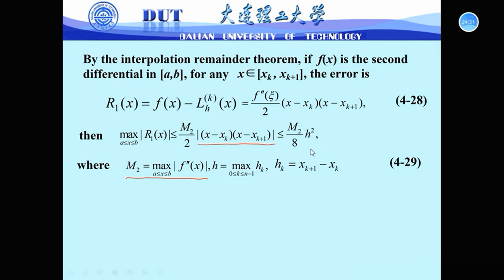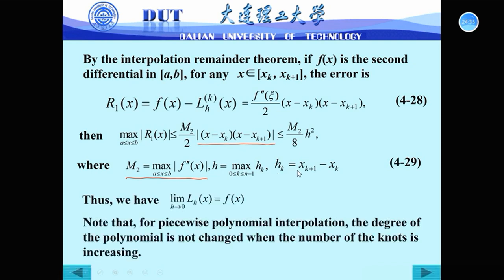And then when we increase the number of nodes, when n goes to infinity, that means the step size h goes to 0. Here xk+1 minus xk is hk, the step size, right?